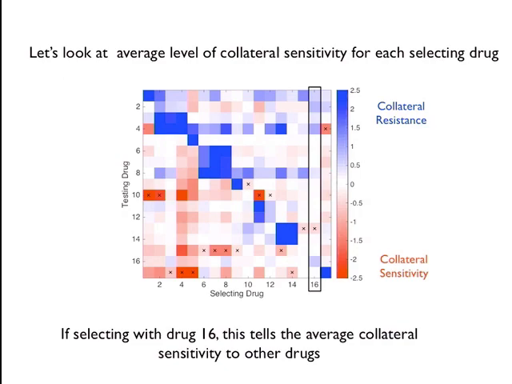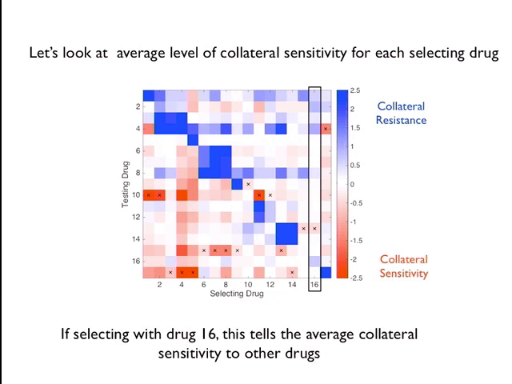And so I can just very quickly show you what the policy is doing. This is a plot of just the average level of collateral sensitivity for each selecting drug. Given the way we chose our transition matrix, for each selecting drug on the x-axis, I give you, in a column here, the average collateral sensitivity that's likely on the next step.